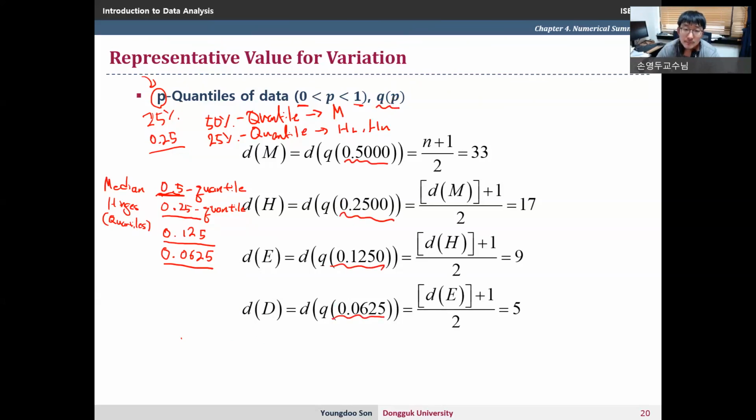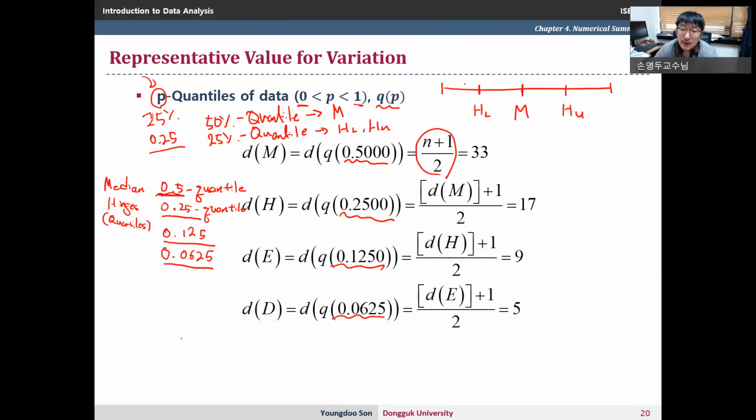So we can easily think like this. If the data points are ordered by their value from the minimum to the maximum, the median is at the depth n plus 1 over 2. And we saw the hinges here, HL and HU. They are actually the median of the lower half and the median of the upper half.